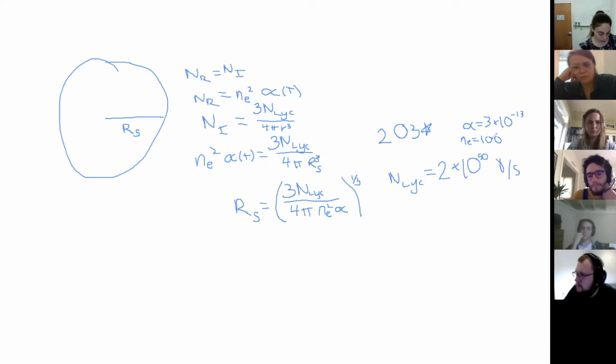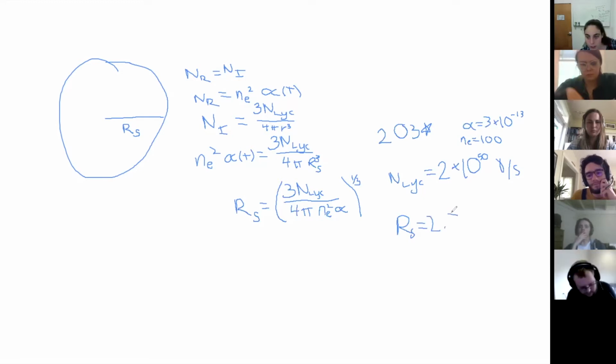Plugging all that in, you should get, I did this earlier, R_s, our Stromgren radius, of 2.52 times 10 to the 19th centimeters.